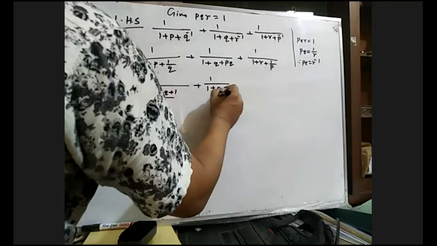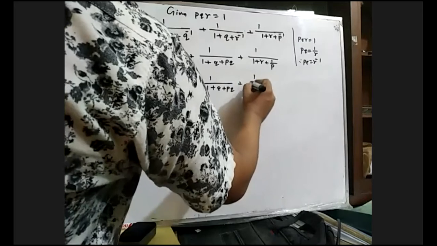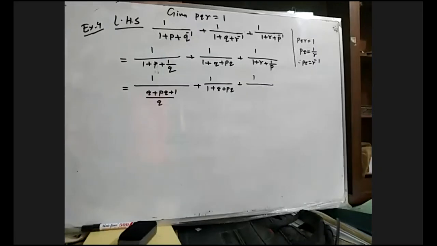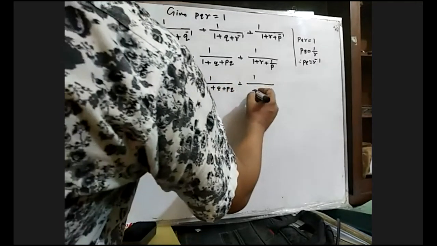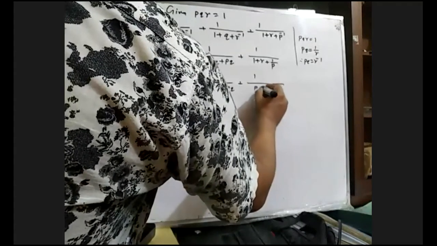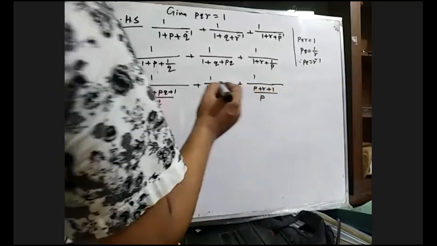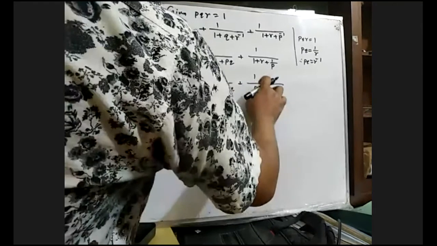1 plus q plus PQ plus 1 divided by, P will be LCM, P plus R plus 1. P plus R plus, sorry, this will be PR.